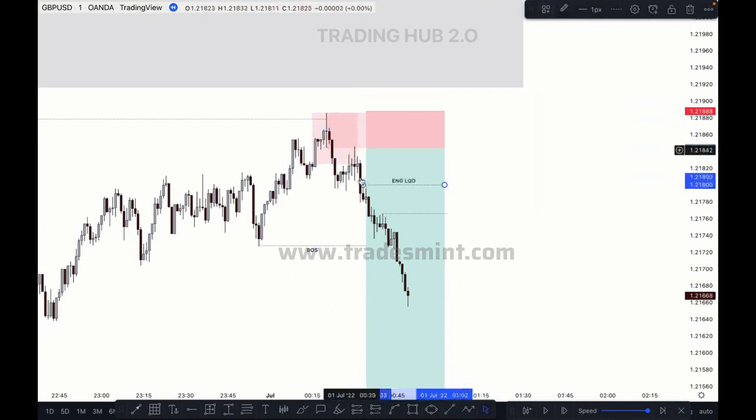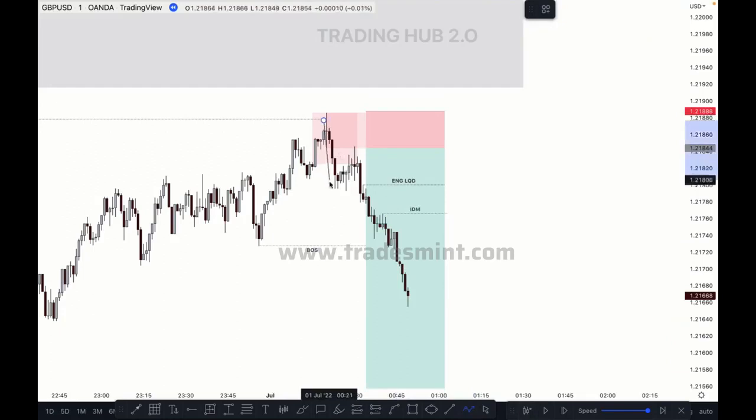I'm talking about this move. Correct. I'm not talking about this one, because this is our minor structure like this. So this high must be taken out, and this is our inducement, and this is engineering liquidity.